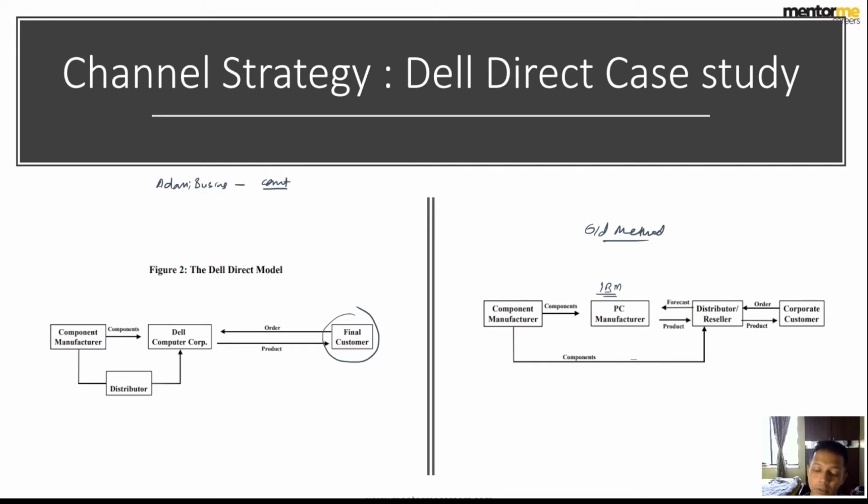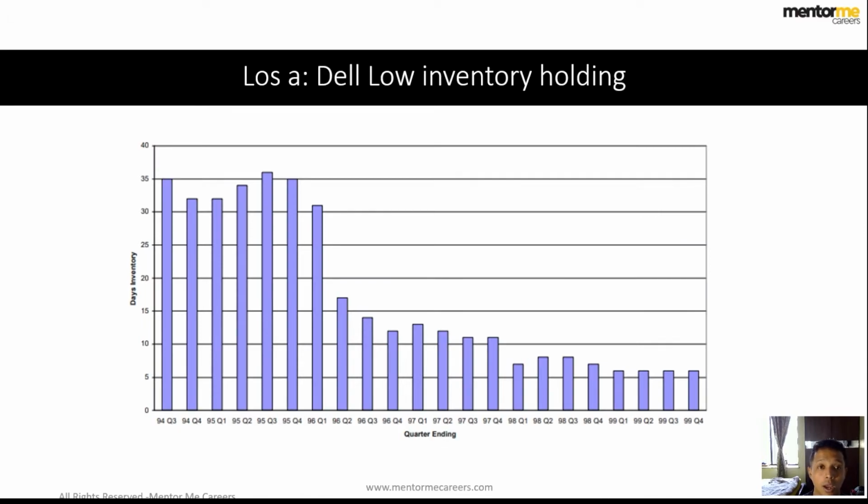I'm just giving examples so that you get a little more perspective, to make this entire reading a little more interesting. Okay, now this is what happened in terms of revenue. So the Dell strategy worked, and this is what happened to their days of inventory. See, if you see, this is 94, the inventories are still high, and then they came up with the direct model, getting the product on time to the customer without maintaining a large inventory.